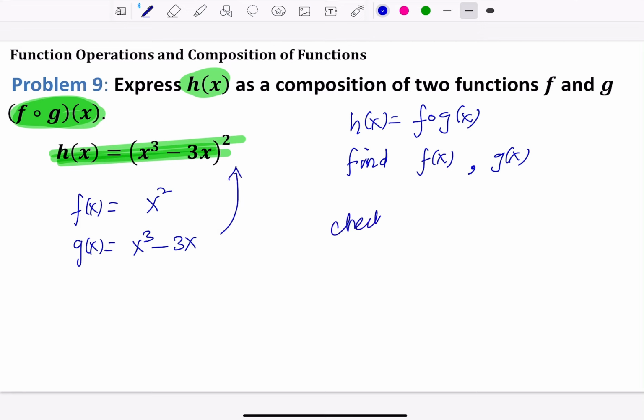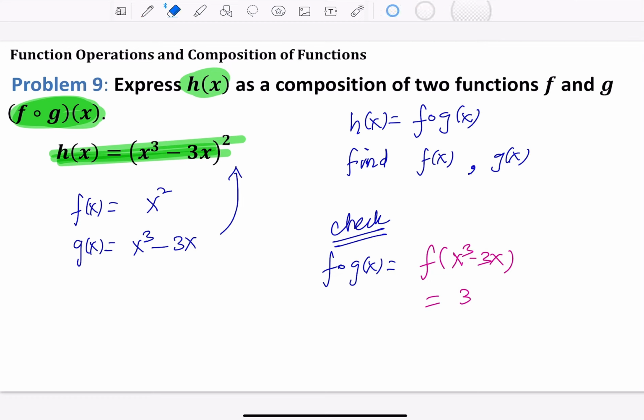You can check by doing f of g of x. That's going to give us x to the third minus 3x, squared. So that's going to be our h of x function.